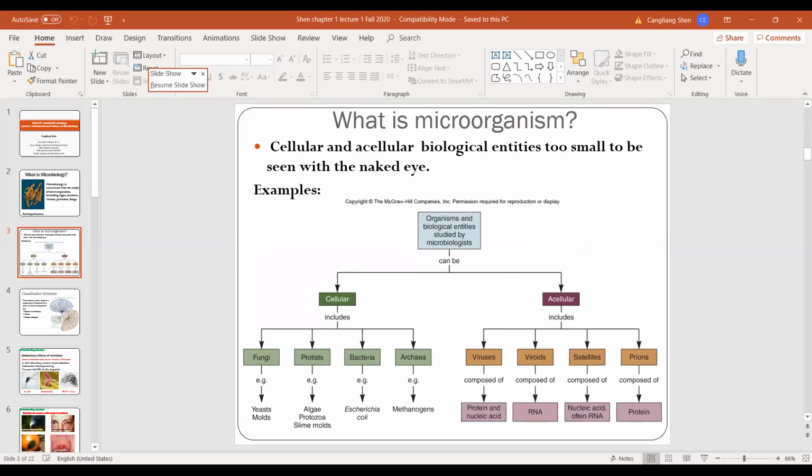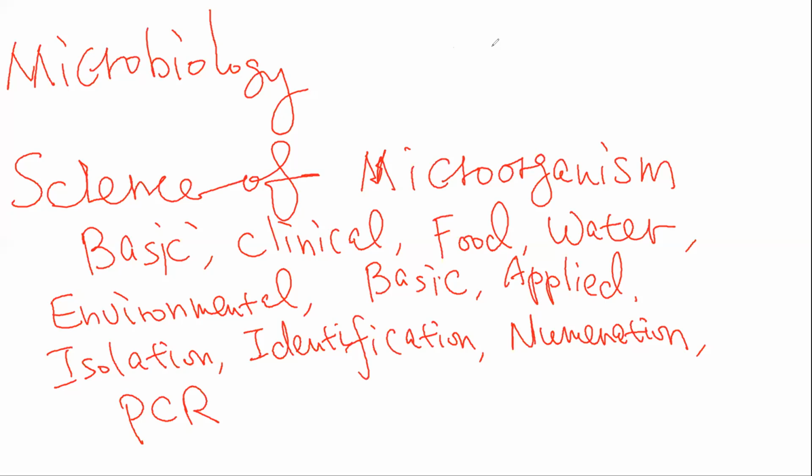So before we do, I'm going to use the same thing on the whiteboard to see what we really have. Okay, so microorganism. You know virus.